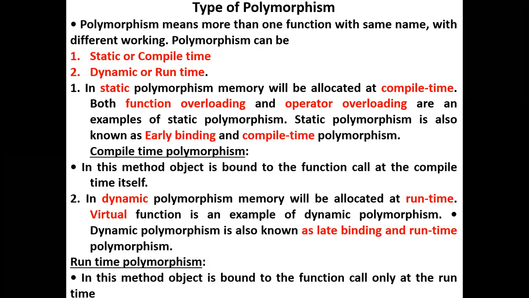We will see in examples how it can be used, and so we can differentiate compile time and runtime polymorphism. When the object is bound with the function at the time of compilation, it is static or compile time polymorphism, and when this binding is done during runtime, we say runtime polymorphism.